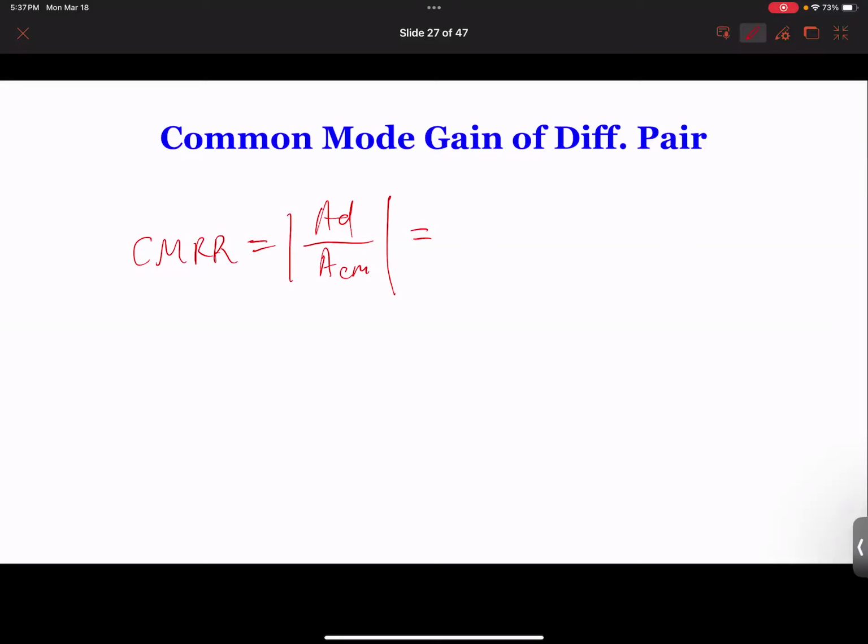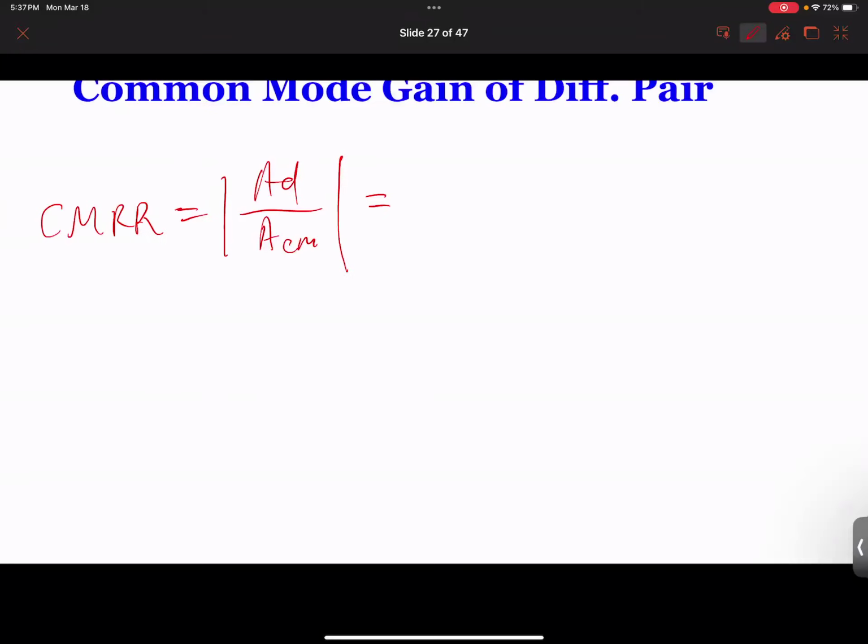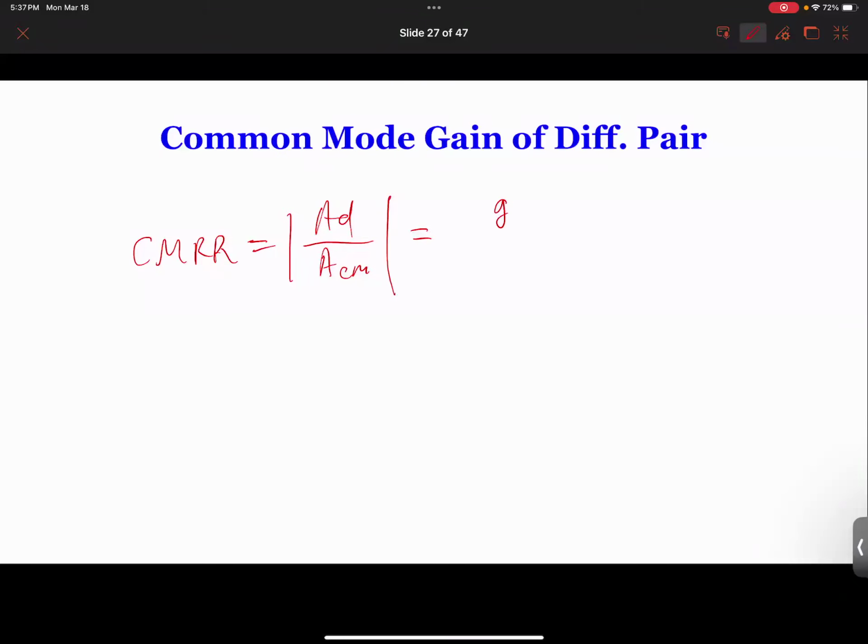We have g_m over 2 times, no, R_D over 2 R_SS.